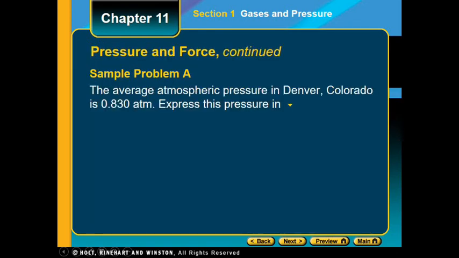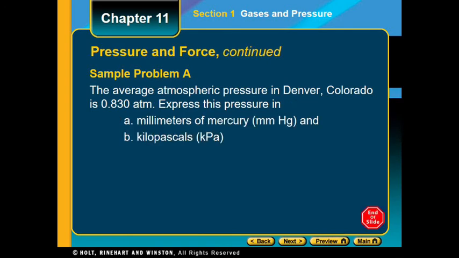So for the first one, the average atmospheric pressure in Denver, Colorado is 0.83 atmospheres. Express this pressure in millimeters of mercury and kilopascals. So let's take the very first one. 0.83 atmospheres given.